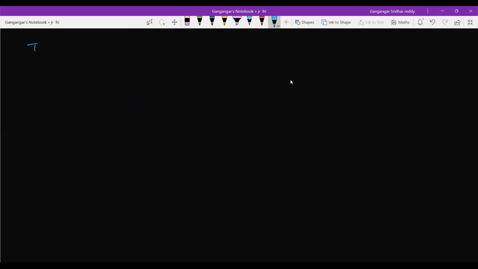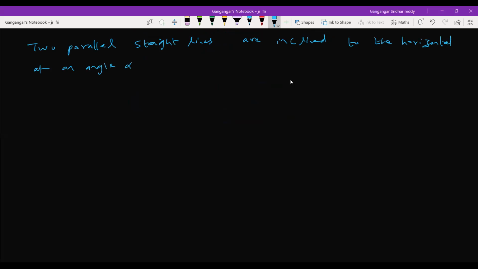Two parallel straight lines are inclined to the horizontal at an angle alpha. A particle is... read the question. I'll not give the diagram. You're supposed to get the diagram also.